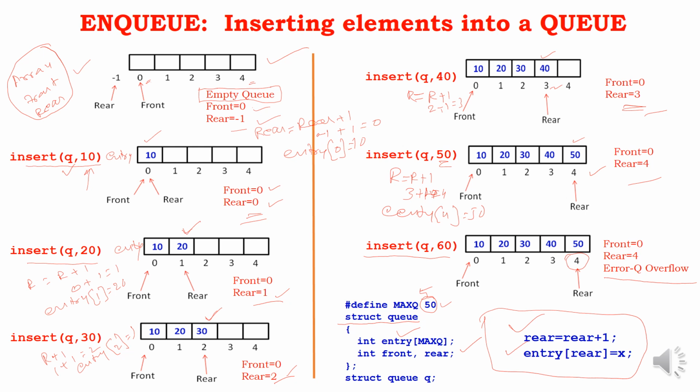Then struct queue q is a variable, q has entry, q has front, q has rear. If you want to use rear, you write q dot rear equals q dot rear plus 1, and if you want to use entry, you have to use q dot entry of q dot rear. So all the members you have to use along with the name of the structure.